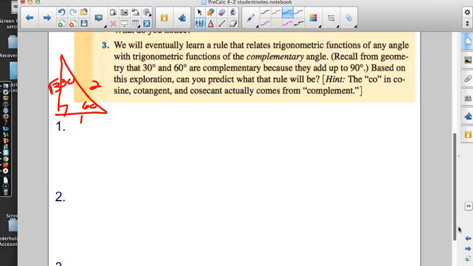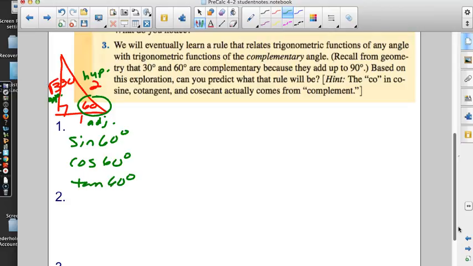Now we're at this angle, and we have to label. As far away as we can get, opposite, right next to it, adjacent. The one that's opposite the 90-degree angle is the hypotenuse. We need sine of 60 degrees, cosine of 60 degrees, tangent of 60 degrees, and then we'll just need to flip them.